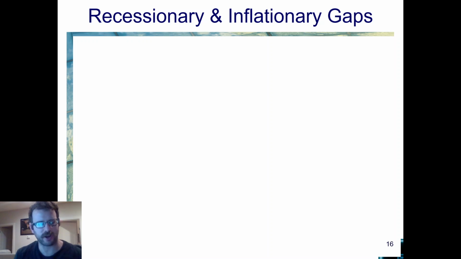Now I want to do a little bit of a recap on that, and then talk about it in the context of your aggregate demand, aggregate supply model, bringing in the aggregate supply portion of this.